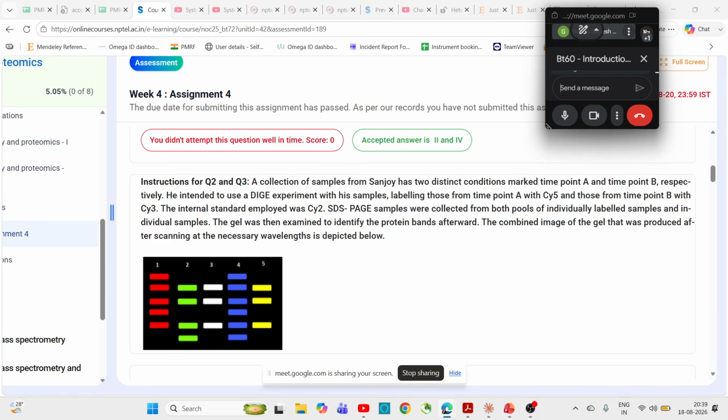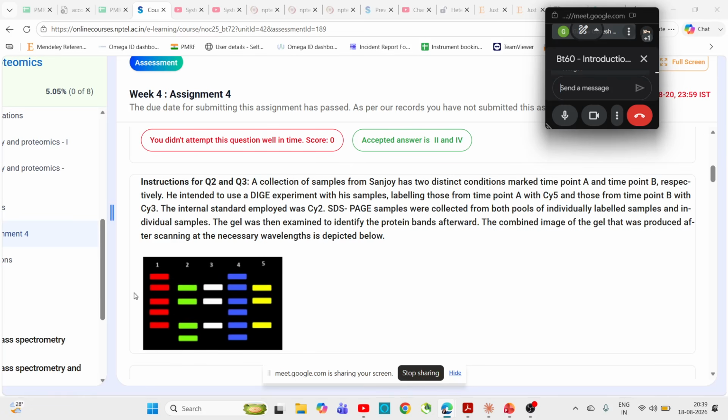The internal standard was Psi2. Then SDS-PAGE analysis was carried out on the pooled, labeled samples, so they mixed them together. Then the gel was examined to identify the protein bands afterwards.